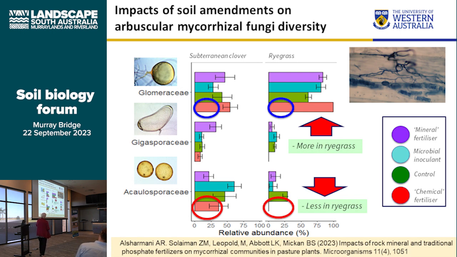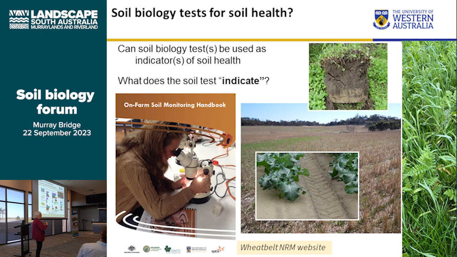And this is just highlighting that the top fungus was unaffected by fertiliser in this case, but this one was affected by fertiliser. There was less in the ryegrass. Now, I can't say whether this is going to have an impact or not. I'm just saying that in general, the fungi will go into all the plants, but there will be some minor effects on individuals.